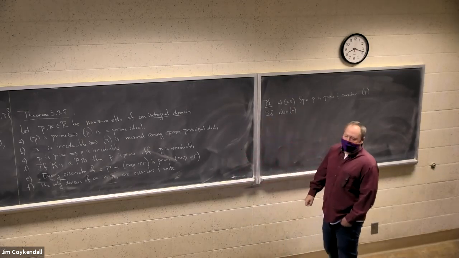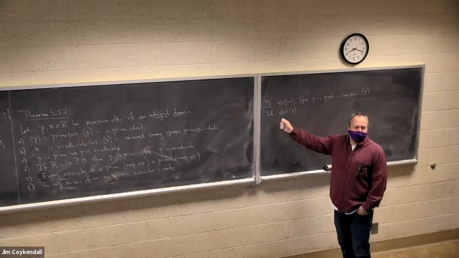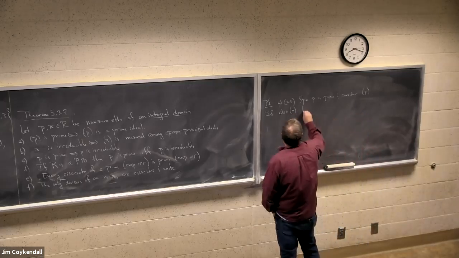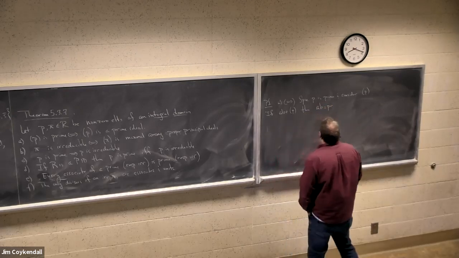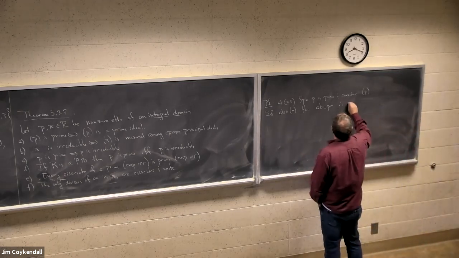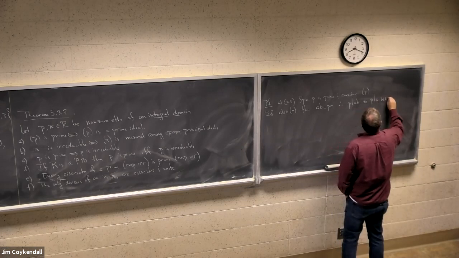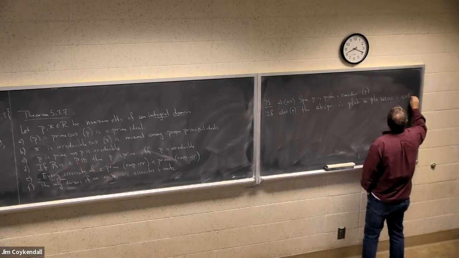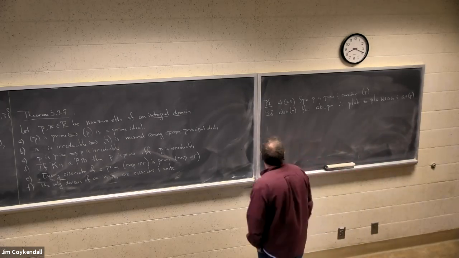Well, remember, in this situation, we have a commutative ring with identity. To show that P is a prime ideal, we have to show that a product of two elements of P means that one of those two has to be in P. That means AB is PR. Therefore, P divides AB. So P divides A, without loss of generality. And so A is in the ideal. So there's one direction.